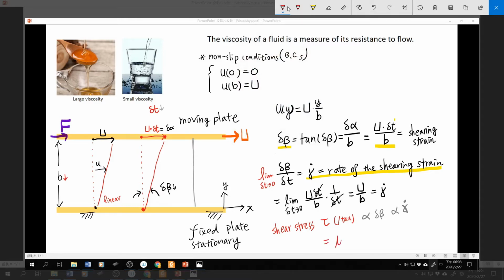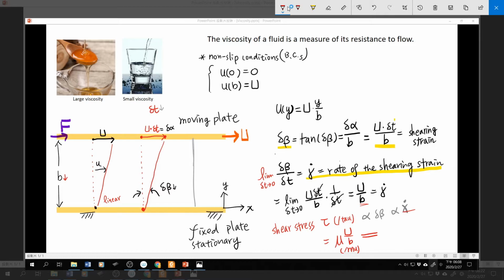So this is the viscosity, the constant. Viscosity is called mu. Okay, this viscosity is called mu. Tau equals mu times the rate of the shearing strain. So in this situation, this is u divided by b. And this equation is derived based on the linear change of the flow velocity.